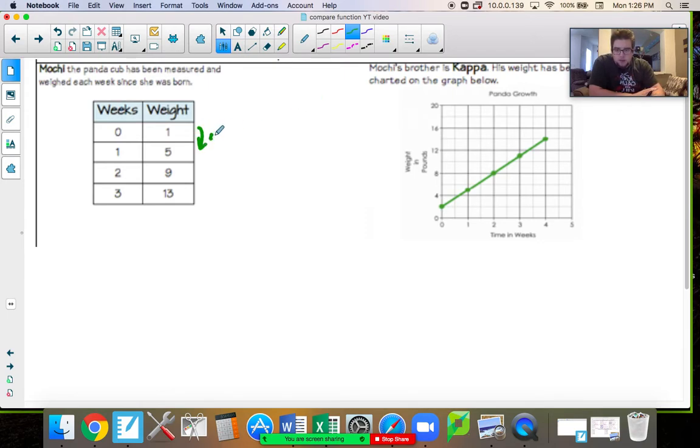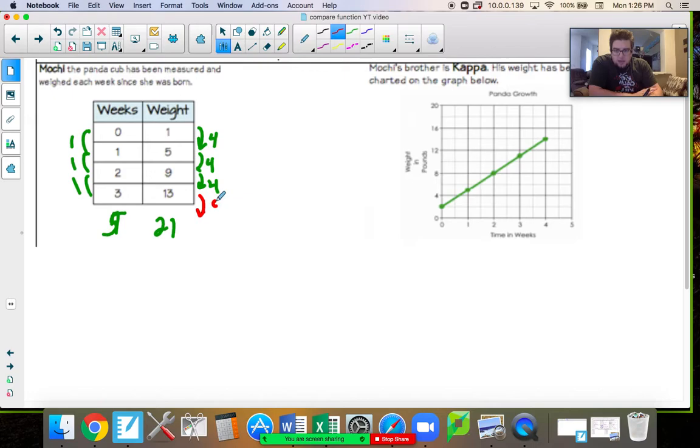So 1 to 5 is 4, from 5 to 9 is 4, 9 to 13 is 4. That's not enough. You have to check both sides. Just because these are all 4s doesn't mean anything. You've got to make sure that they stay consistent. They're all 1s, so we're good. For instance, maybe the 5th week, they have 21.